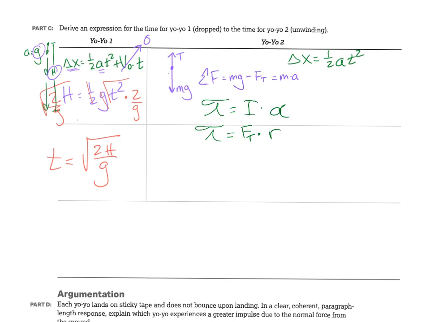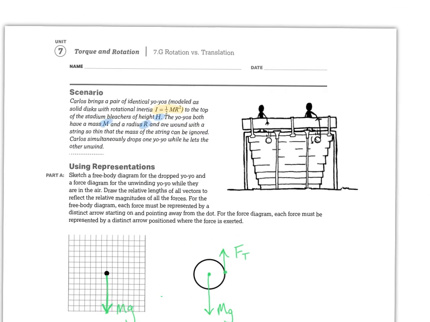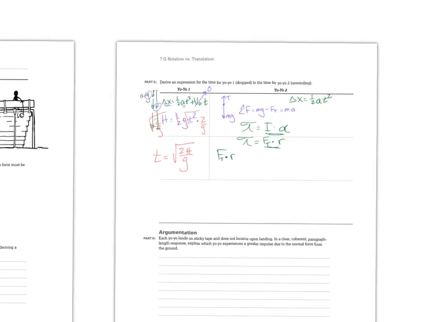So I set those two formulas equal to each other, force times radius and I times alpha, and I end up with this expression, force times radius, which I think they use, let's go back, they use a capital R, so we'll try to use the same variables that they do over there.